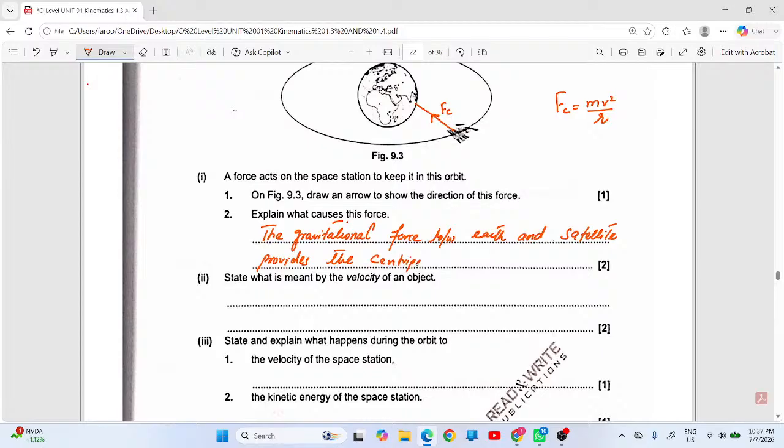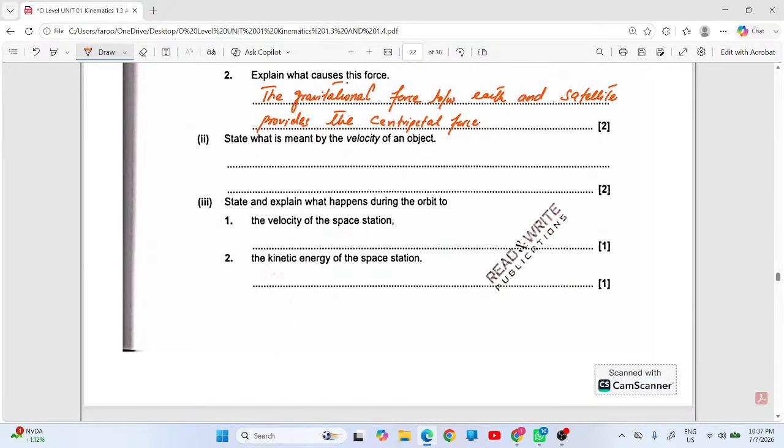Any confusion? No, sir. State what is meant by the velocity of an object. Velocity is the speed, which is distance over time.